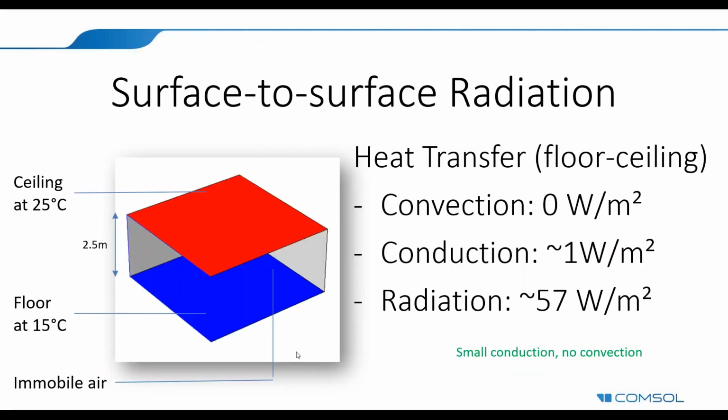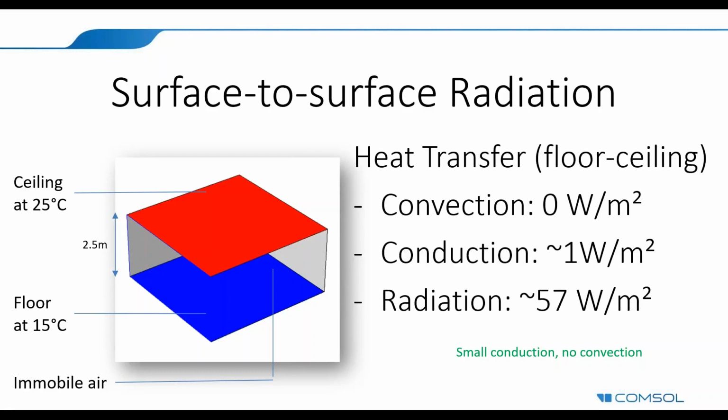Another interesting example, because this one I would say is not obvious at a glance that radiation plays a large role. Consider a room where the floor is at 15 Celsius and the ceiling is at 25 Celsius, so the cold on the bottom and the hot on the top.